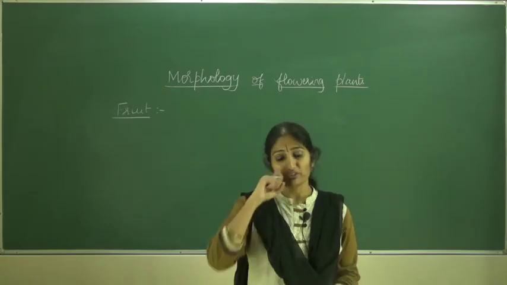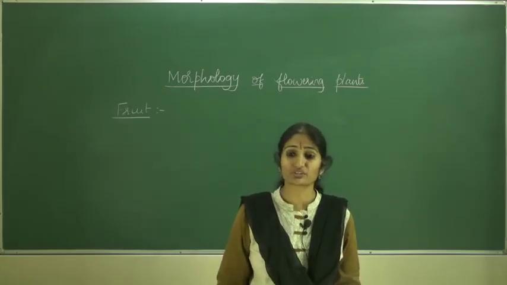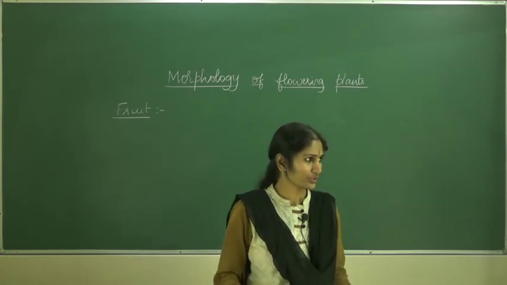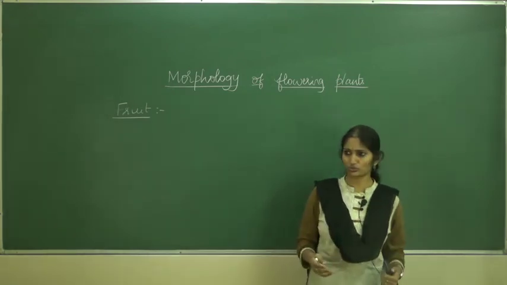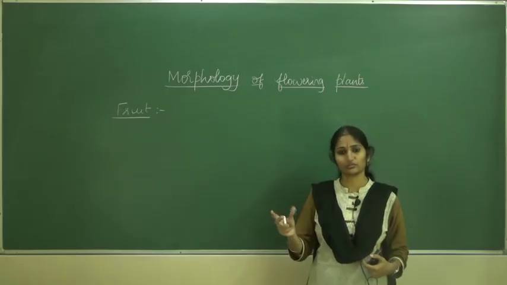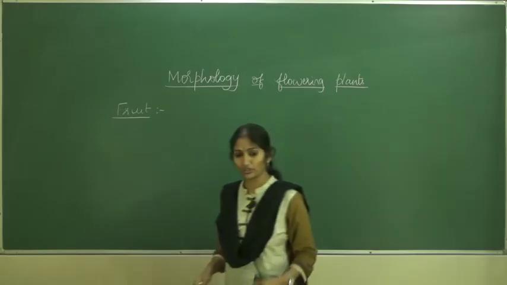Now the next thing that we should see is what is the structure of this fruit. Now I'm sure all of us would have seen many types of fruits. Take grapes, take mangoes, take pomegranate. You take any fruit.